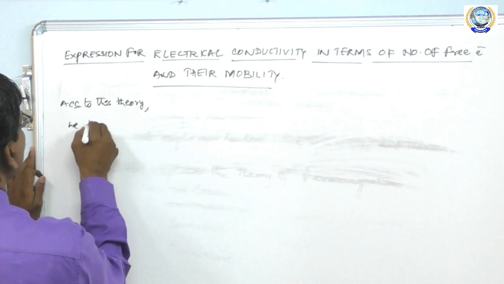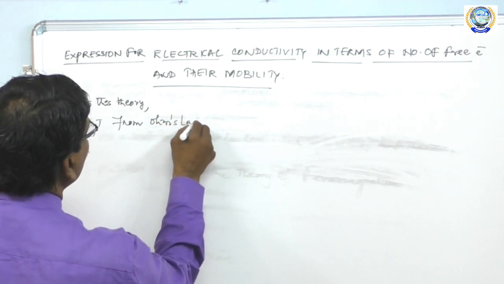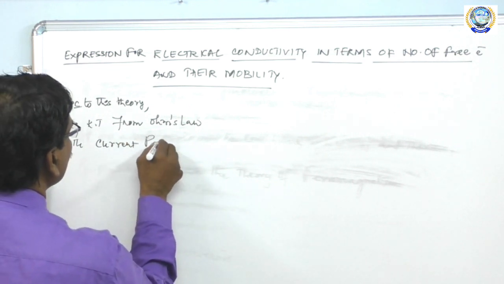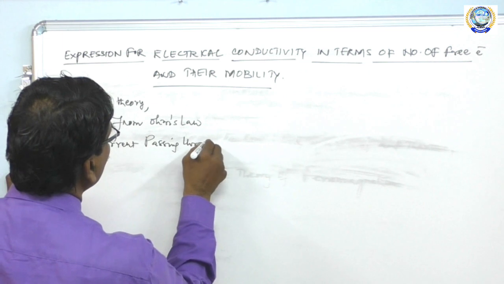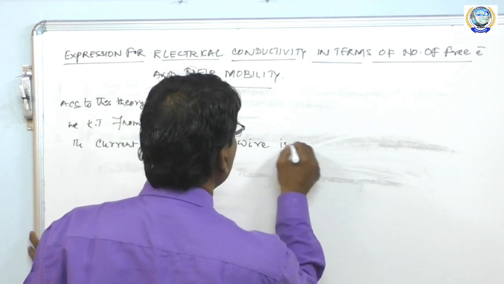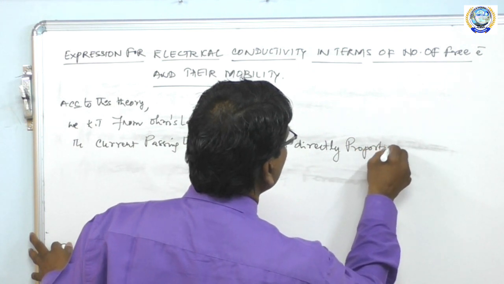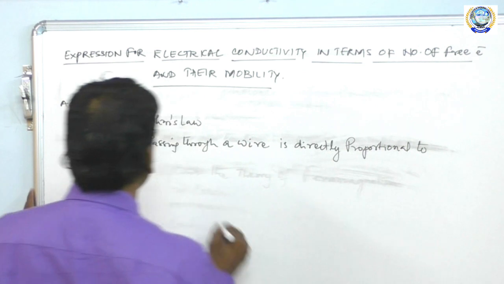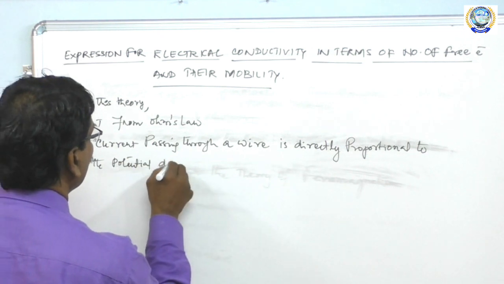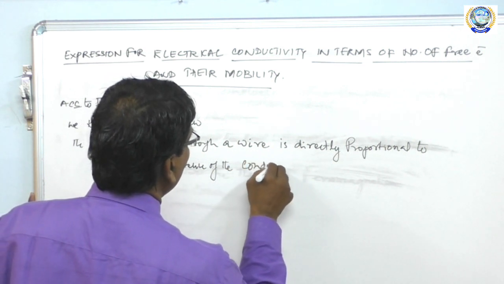we know that from Ohm's law, the current passing through a wire is directly proportional to the potential difference of the conductor or a wire.